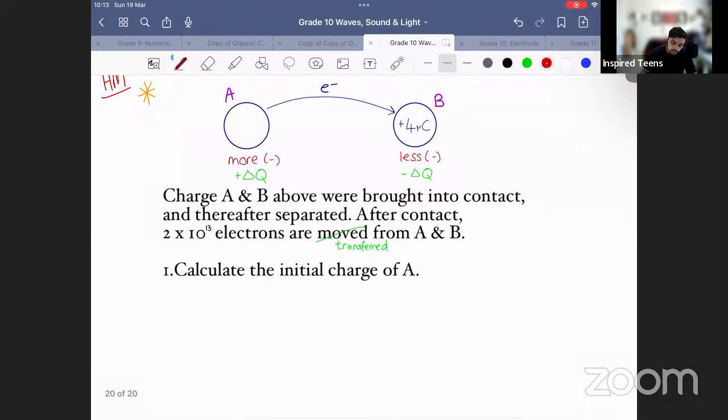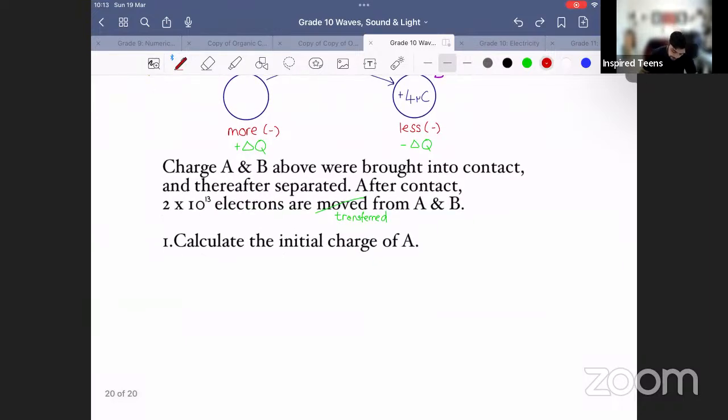How are we going to do this? Remember, the only formula we know with electrons is Q is equal to N times QE, where big Q is charge, N is the amount of electrons, and QE is a constant.